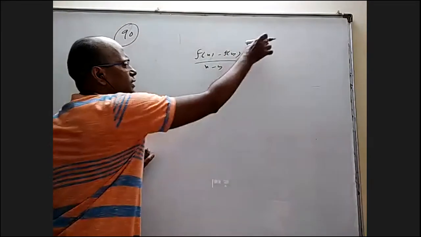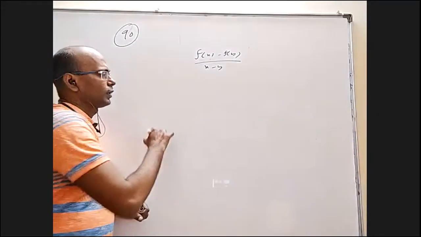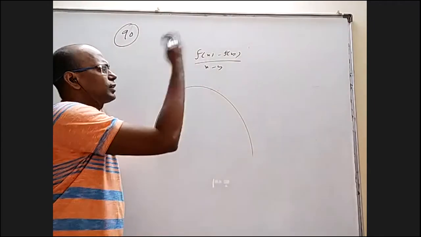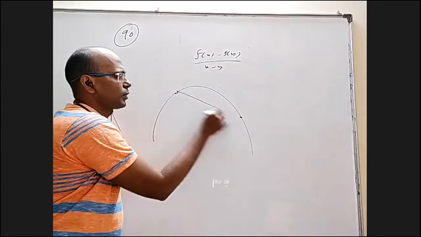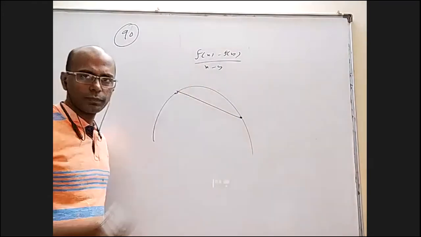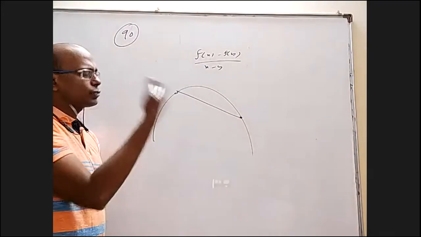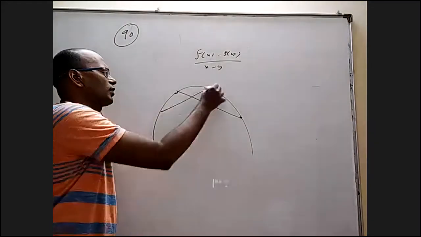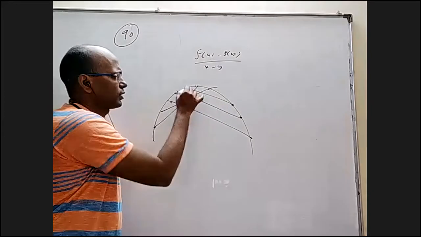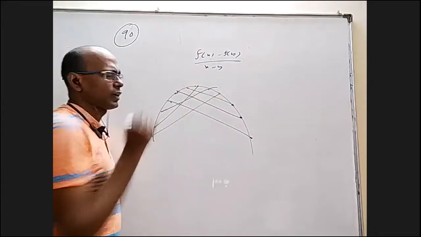When mod is not there, basically what is happening, I'll tell you. Let us say the curve is a parabola or some other curve, not a problem. You can join any 2 points and find the slope of that. Am I right? That's what this is after all. So as you take these 2 points, find this slope, take these 2 points, find this slope, take these 2 points, find this slope.